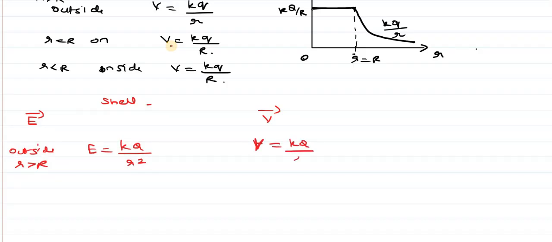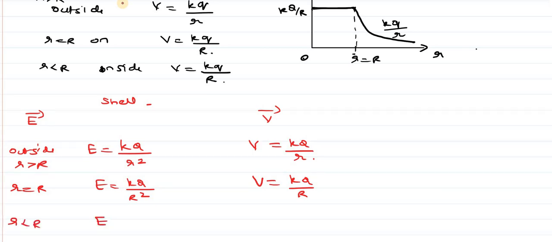It is kq by r. And when r equal to capital R, E will be equal to kq by capital R square, V will be equal to kq by capital R, correct? Where capital R is nothing but the radius of the sphere. When r is less than R, E will be 0, but V is constant. From the center to this point, the V value is constant.